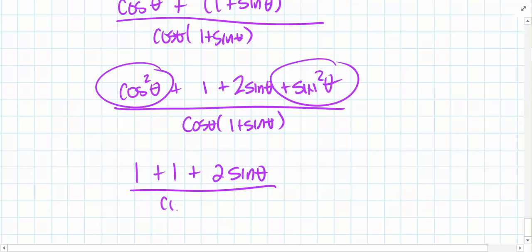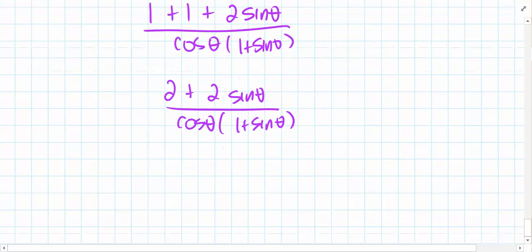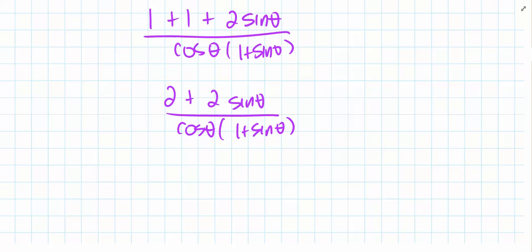Good. So that gives me 2 plus 2 sine theta all over cosine theta times 1 plus sine theta. Then what? And then you factor out the 2 from the top.